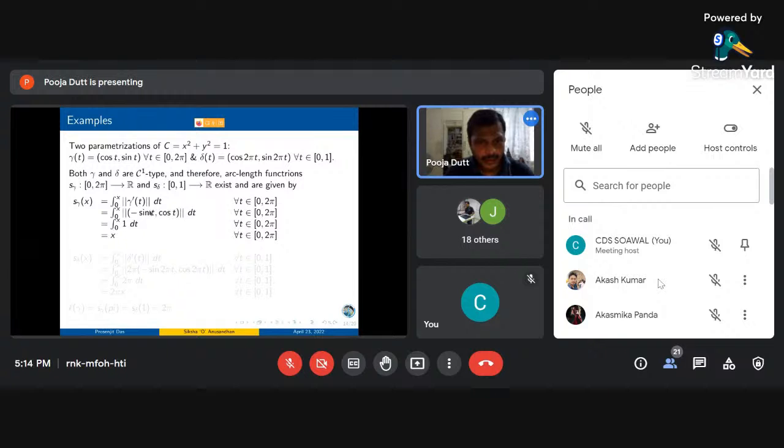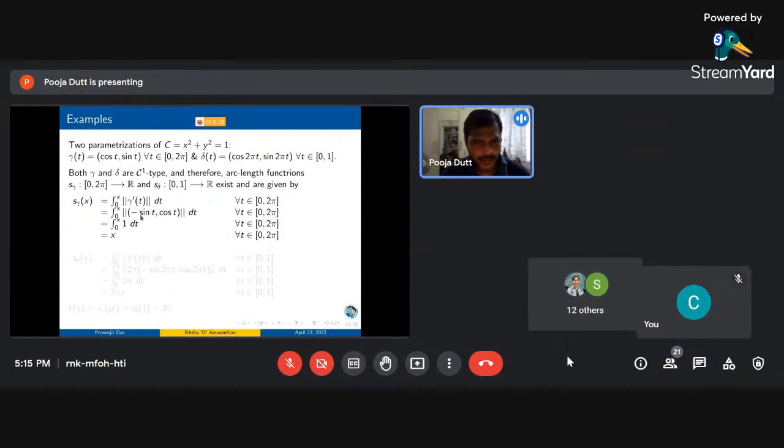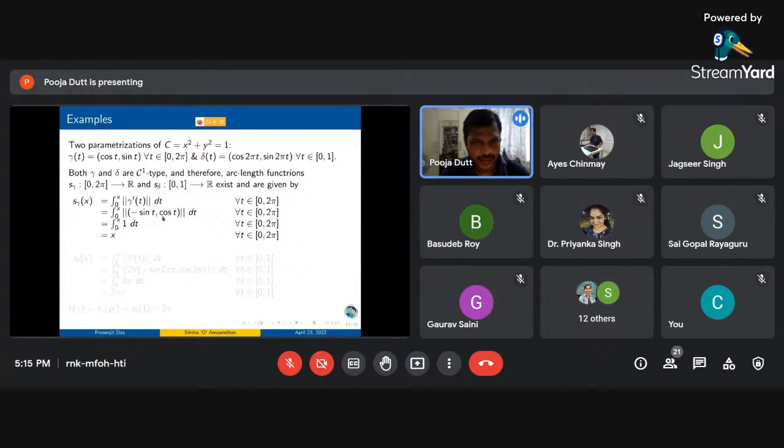Then one can calculate the norm of this tangent, and it is very clear that it is the square root of sine squared t plus cos squared t, which is 1. Hence for this parameterization gamma of the circle, the arc length function will be x. Clearly at t equal to 0 it is 0.